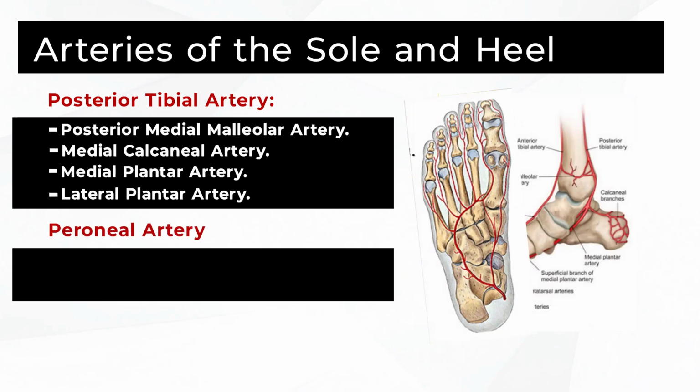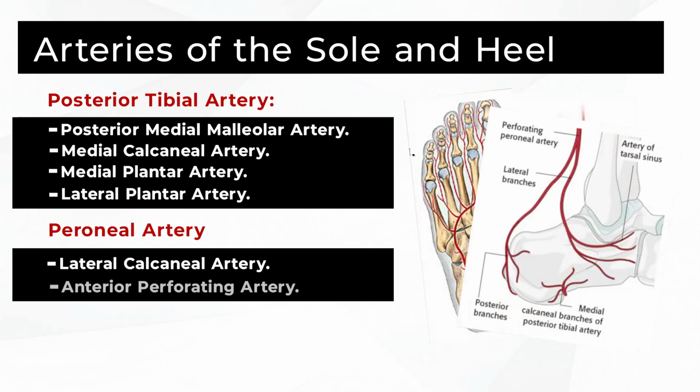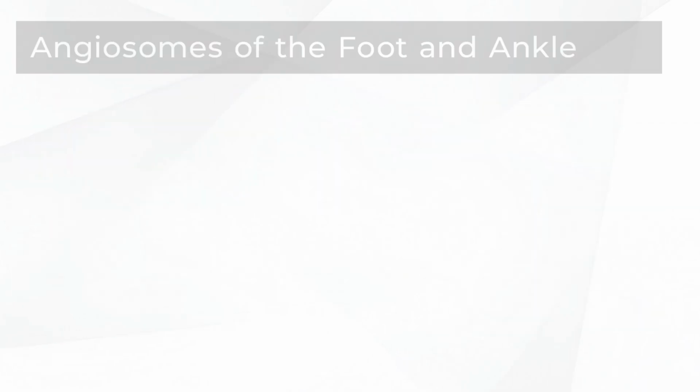The peroneal artery lies on the lateral side of the ankle. It gives the lateral calcaneal artery and the anterior perforating artery that will communicate with the branches of the anterior tibial artery in front of the ankle.